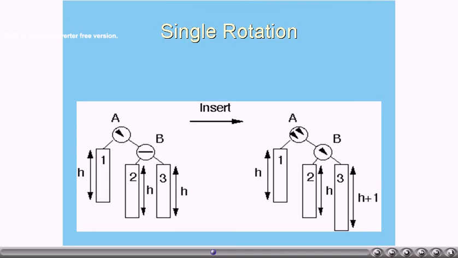When we insert a node to the right hand side of node B, its height becomes h plus 1. Thus the balance value of B becomes -1, whereas the balance value of A becomes -2. You can verify in the slides.